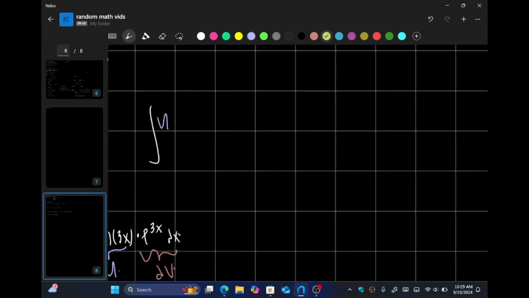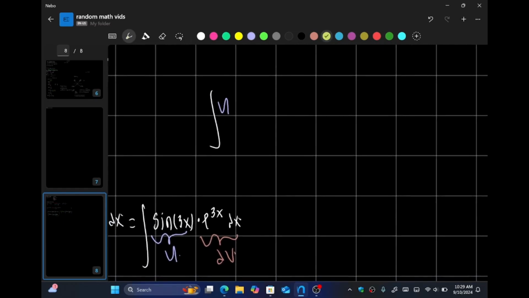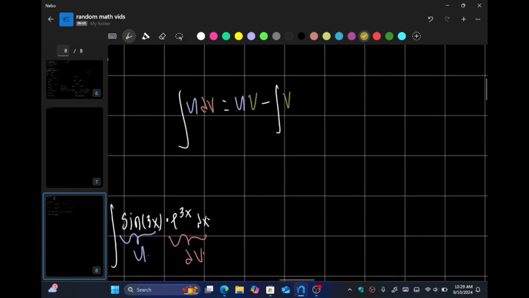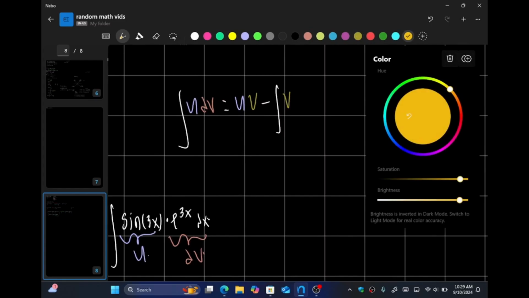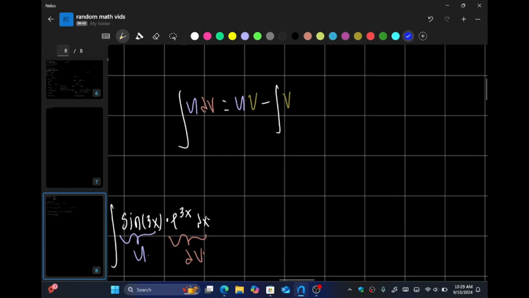So it's going to be u dv is equal to uv, so u, and then I'll do v as this color, minus integral of v, and I'll do du as, I don't know, maybe blue this way.